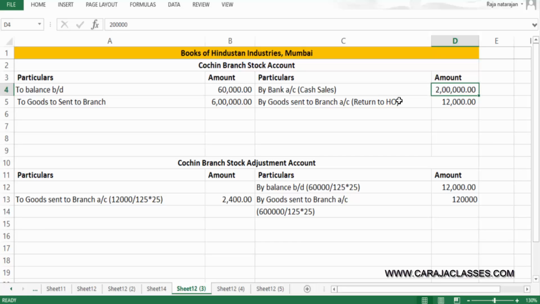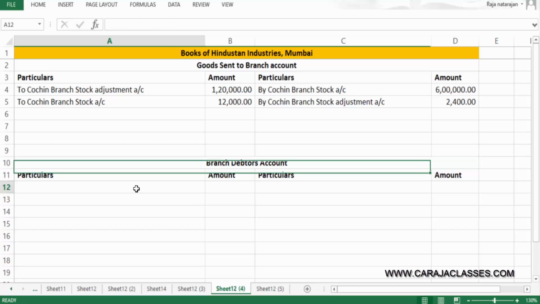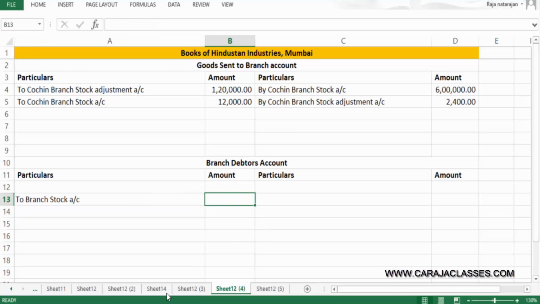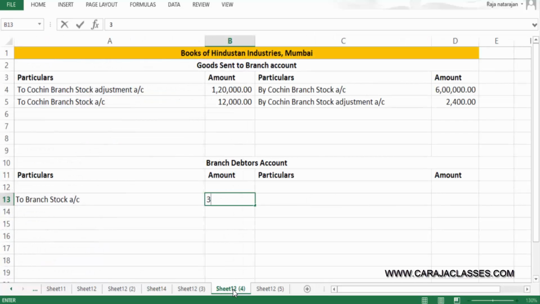Done. And there is a credit sale which will increase the debtors. Credit sale will increase the debtors and it will reduce the branch stock. So we'll go to branch debtors account. We'll leave one line gap for opening balance. We'll say to branch stock account, and the amount involved is 360,000.